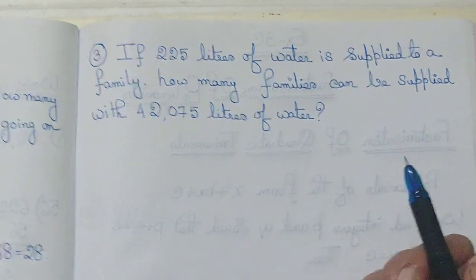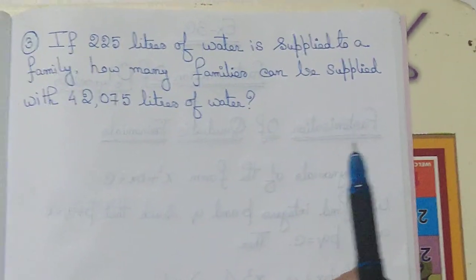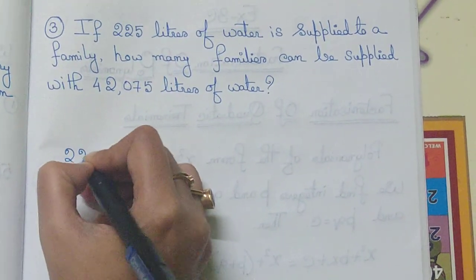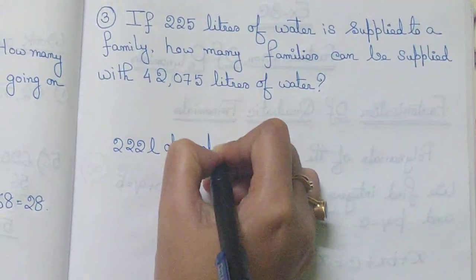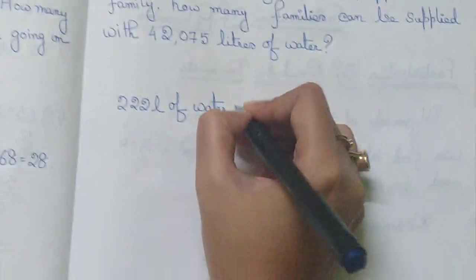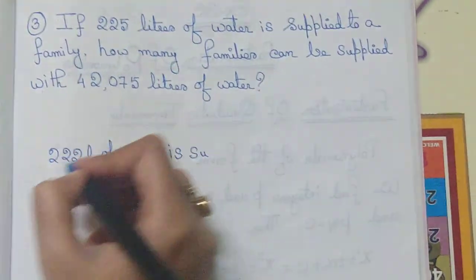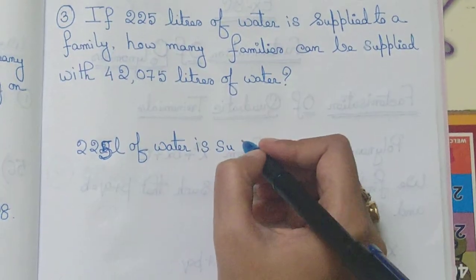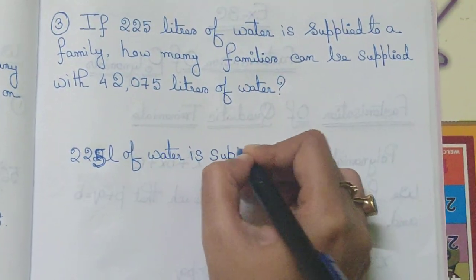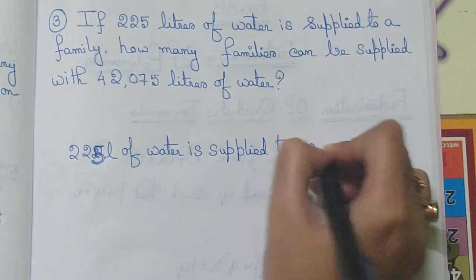Since the number of families is unknown, I'll write the statement in this way. 225 liters of water is supplied to one family.